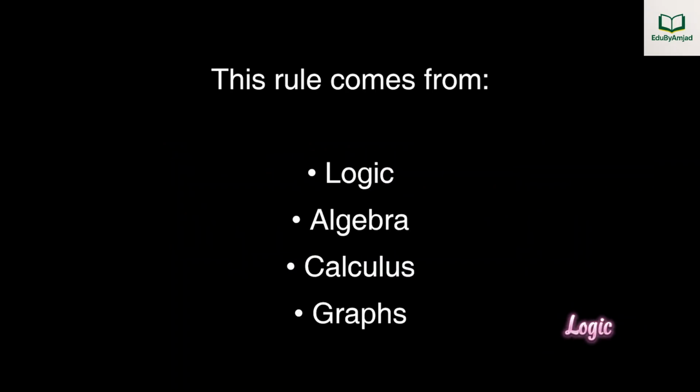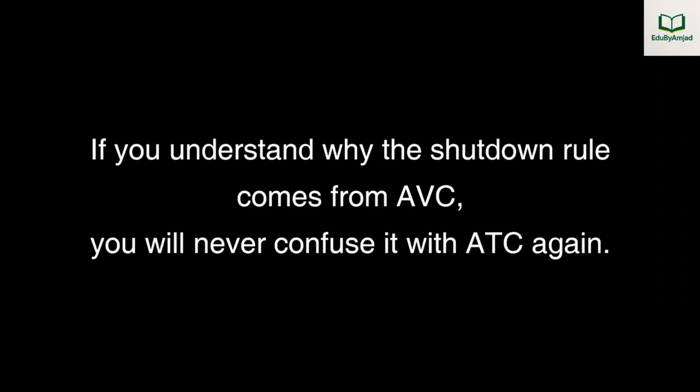This rule comes from logic, from algebra, from calculus, and from graphs. It is not something to memorize. If you understand why the shutdown rule comes from AVC, you will never confuse it with ATC again.